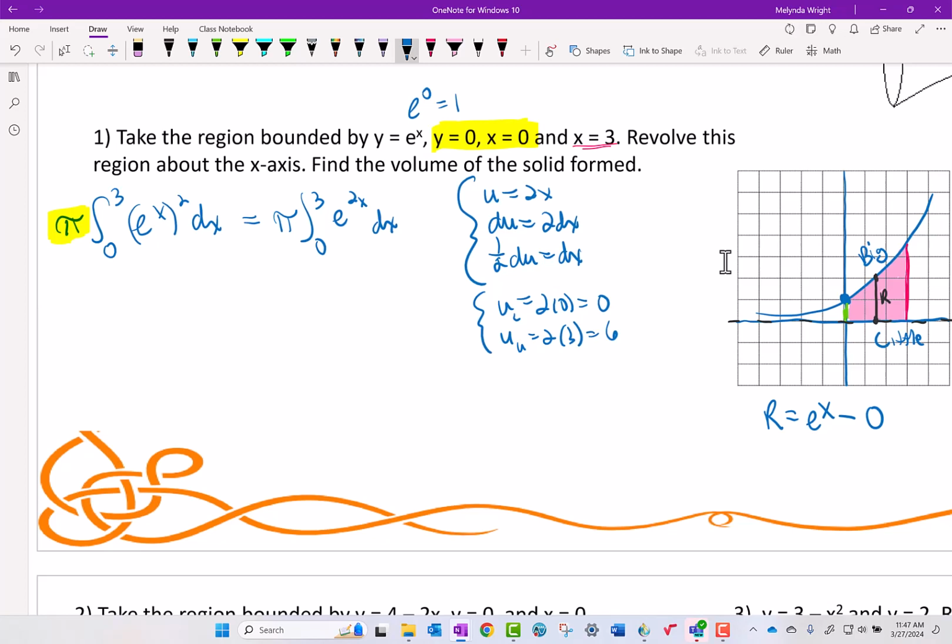Which one? U equals 2x, this one? Yeah, what's under? Du equals 2 dx. No, like in the second bracket. Oh, here. Oh, sorry, that's an L. U for the lower bound is 2 times 0 equals 0, and u for the upper bound is 2 times 3 equals 6.